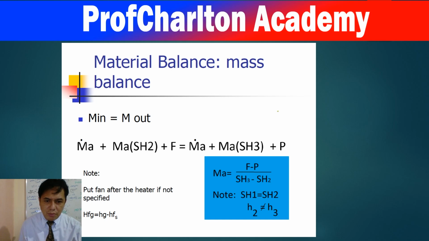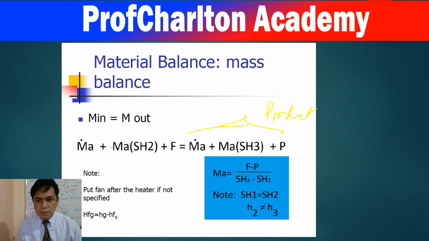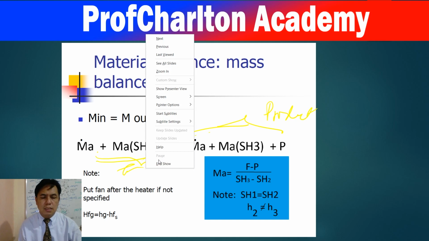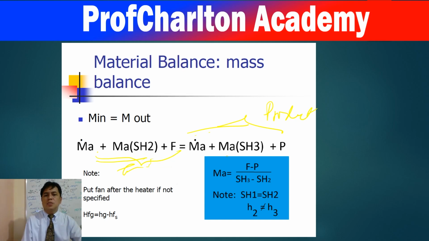You have to multiply with the specific humidity, and you just add the product. On this side, because it's a mass balance, this is the product side, and this is the feed.